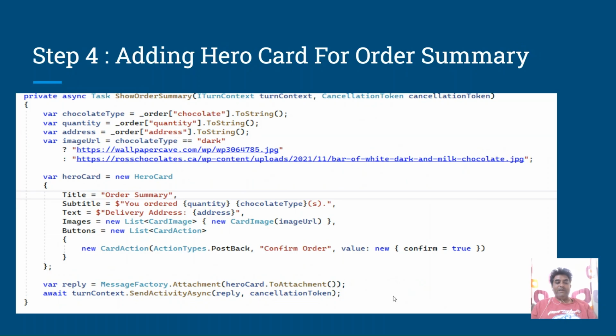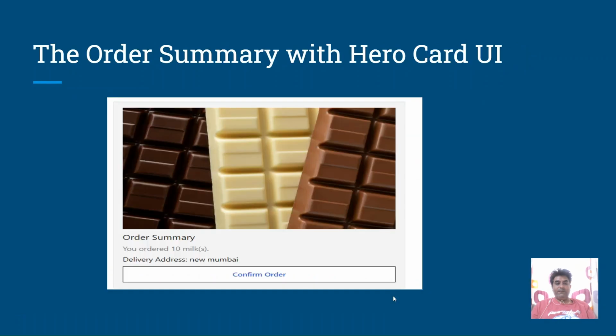So all the information that the user has already entered would be shown to the user for performing the confirmation process. Here you can see the buttons can be created, where we have created one button for order confirmation, and in the same way the message factory helps us create the reply that we want to generate by creating the attachment type, and finally it would be sent to the user.